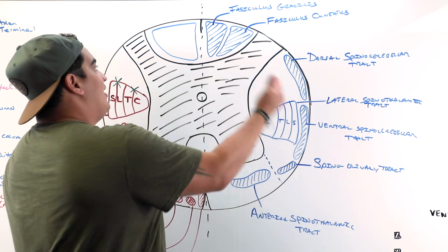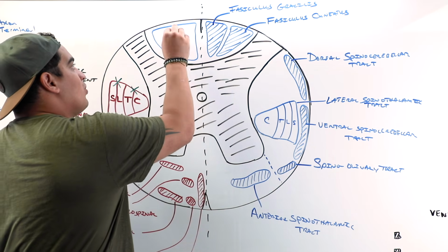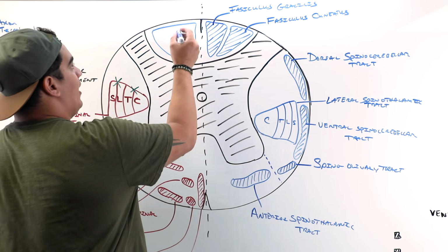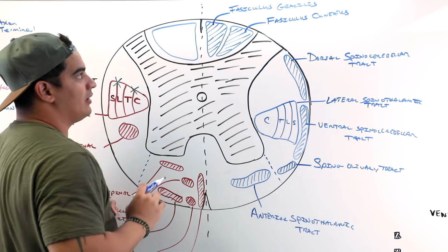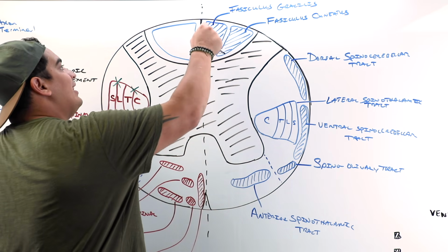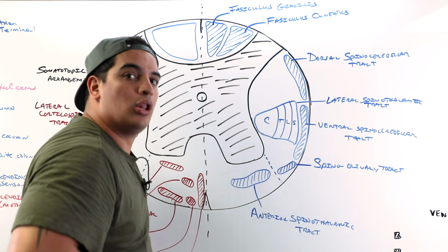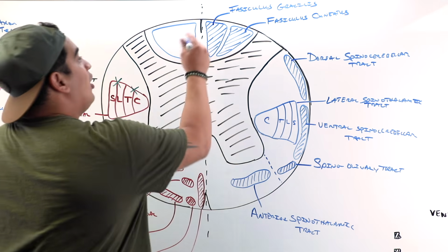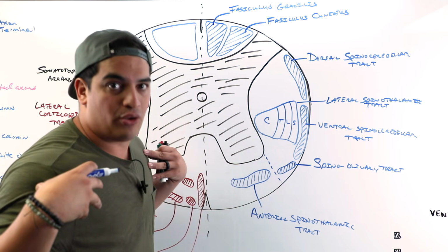Okay, to finish up with this somatotopic arrangement, we have to come over here to that dorsal column. Now, the dorsal column, we said, has two areas here, right? The fasciculus gracilis and the fasciculus cuneatus. I want you to remember that the fasciculus gracilis is taking information from your lower extremities. Think about graceful legs, okay? Whereas the fasciculus cuneatus is getting it from the upper extremities.